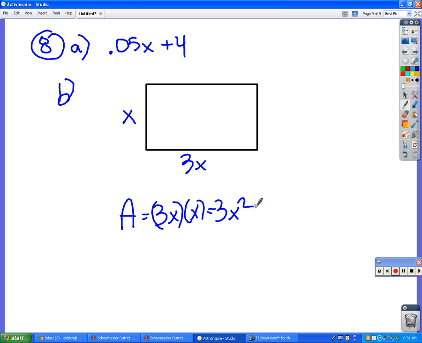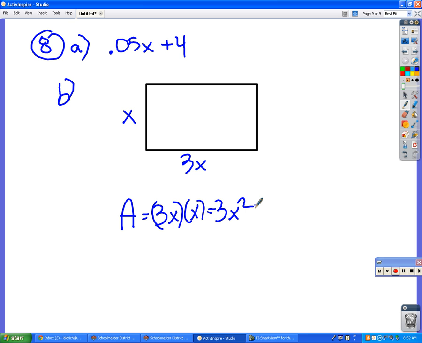I wrote it as A equals 3L times W. But you want to use one variable, and that's why it says the base is 3 times the width. If you use L, then this is 3L, or if you put W, then 3W. So you don't have to use an x, but you do need to use one variable.